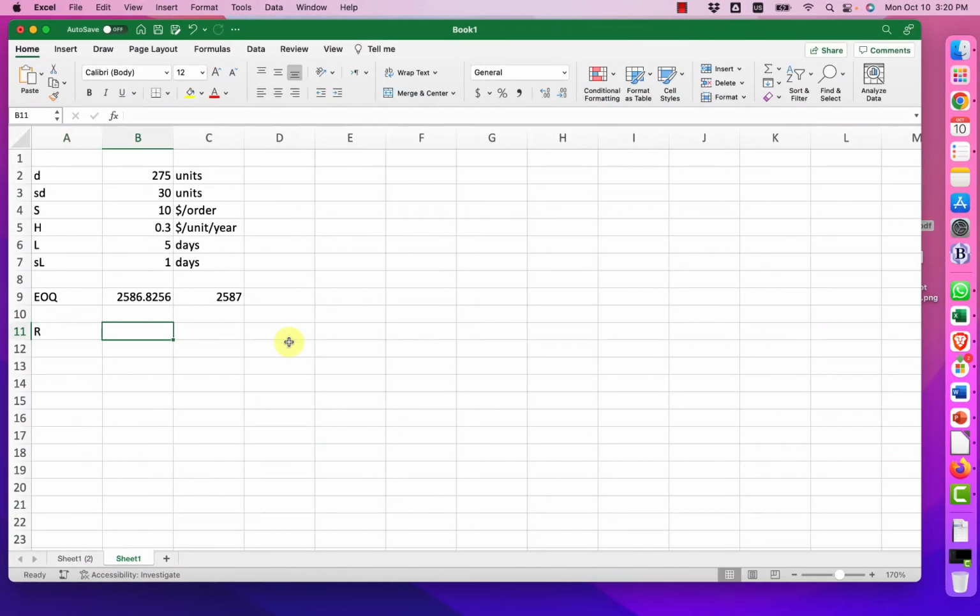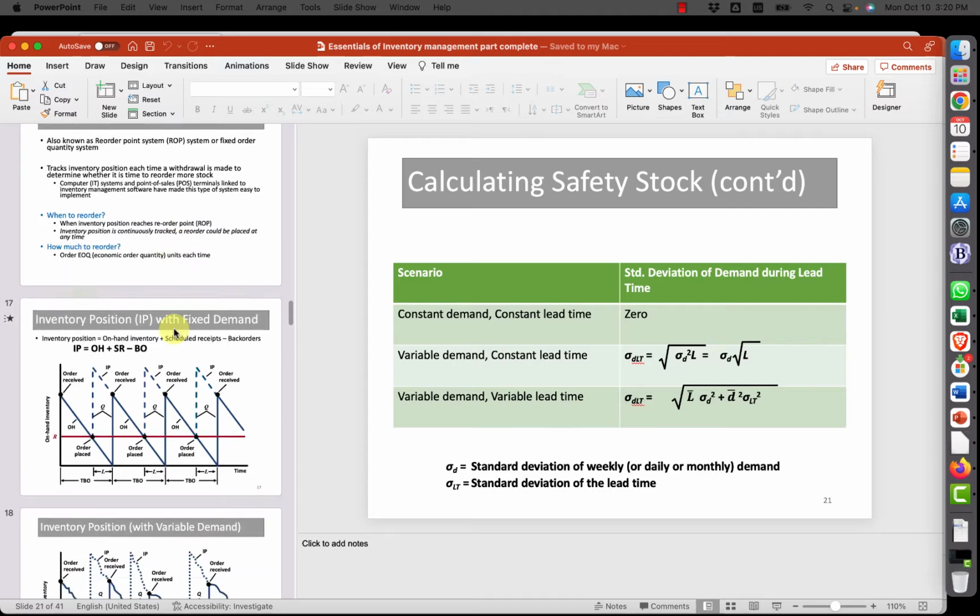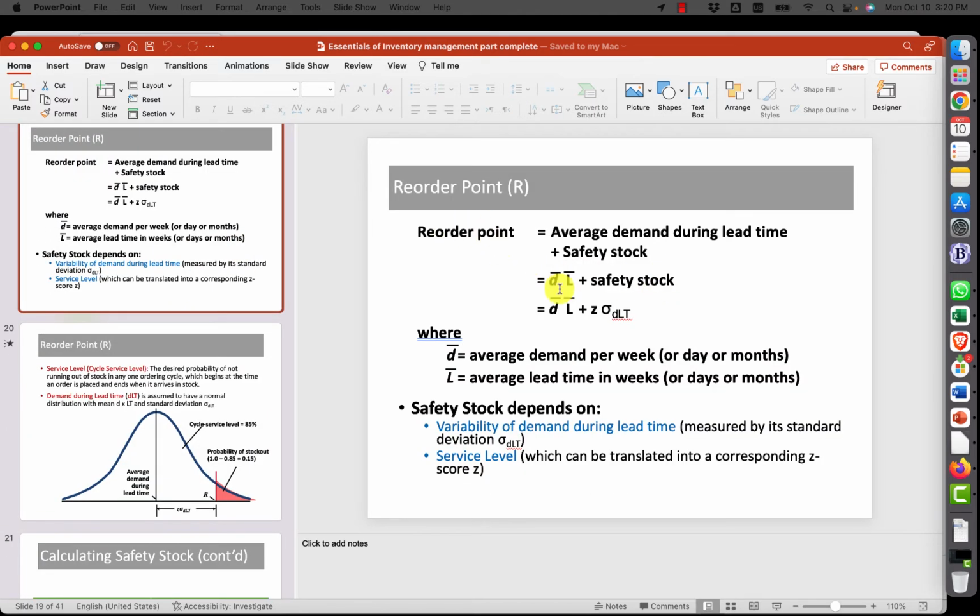R, reorder point, is the daily demand times the lead time, plus safety stock, which we don't have yet. So first, before we calculate reorder point, we'll calculate safety stock. It will make our job easier. For safety stock, we have the formula in the slides. So reorder point is average demand times average lead time plus safety stock.